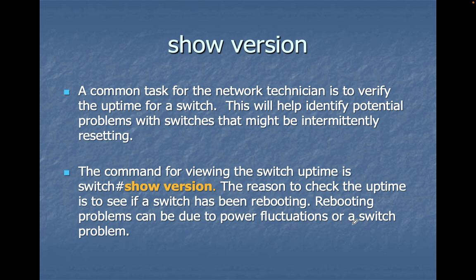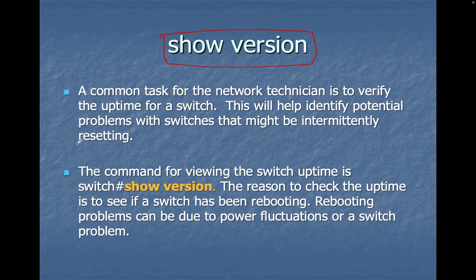The show version command shows us the uptime of the whole switch, the uptime for the entire switch. So a common task for network technicians is to verify the uptime for a switch. You have to always verify the uptime. This will help identify potential problems with switches that might be intermittently resetting.